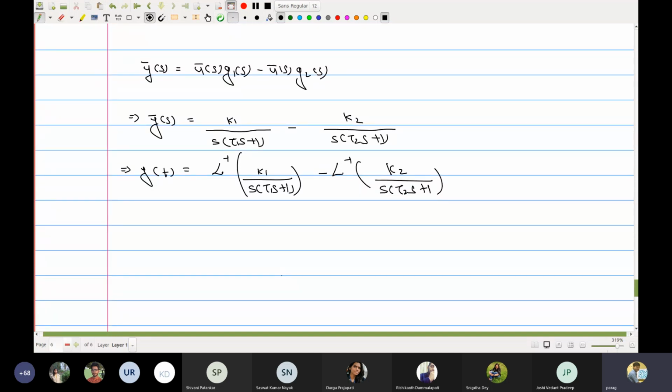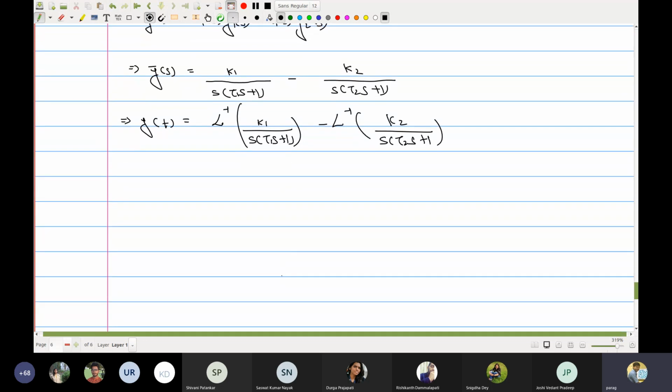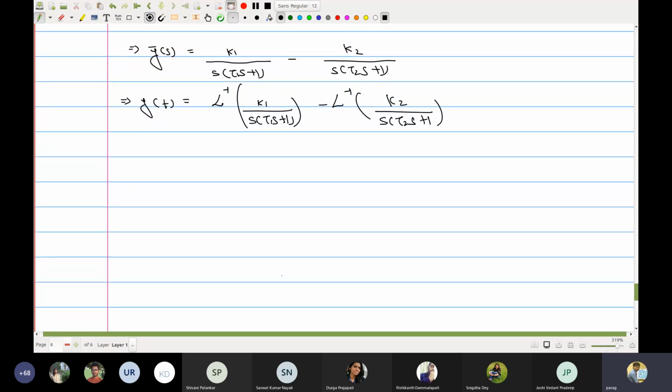This is simply the first order response of the system to a unit step function, or more generally a step of magnitude a.